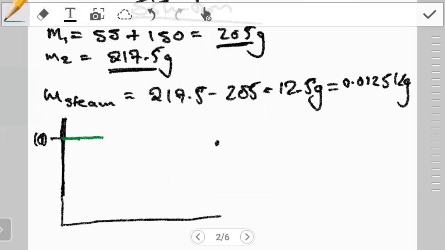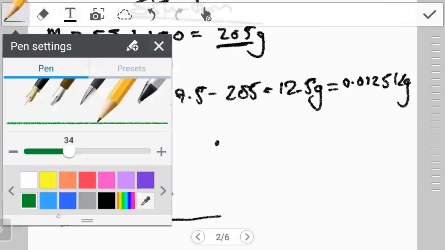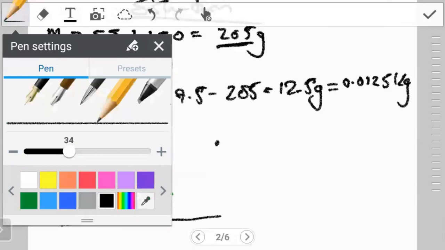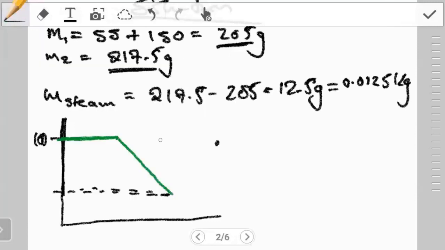After changing state, it then drops to 0 degrees Celsius. So let's say this is the point where we have 0 degrees Celsius. Now, during this process, while the steam is being condensed and losing that extra heat, what is happening on the other side?